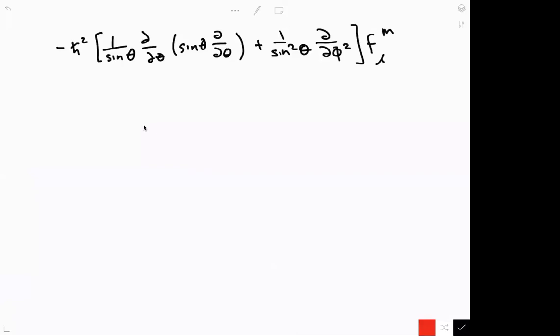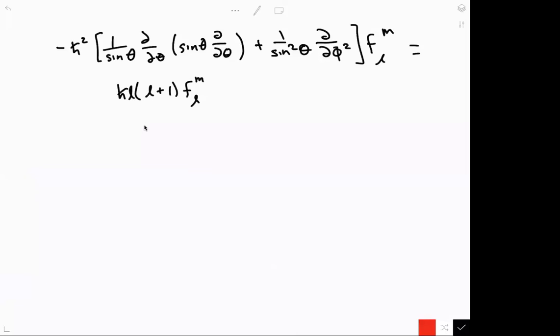Okay, so that's one side of the equation. So that is L squared acting on our eigenfunction. And that should be equal to our eigenvalue multiplied by our eigenfunction.